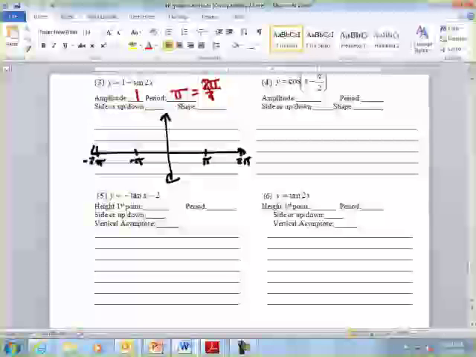Shifting. Up 1. Give me some sort of indicator of direction, either the word up or an arrow that points up, and then how much shifting, so 1. I would rather ups or downs than pluses or minuses. And shape of sine? Middle, up, middle, down. Middle, up, middle, down, middle.